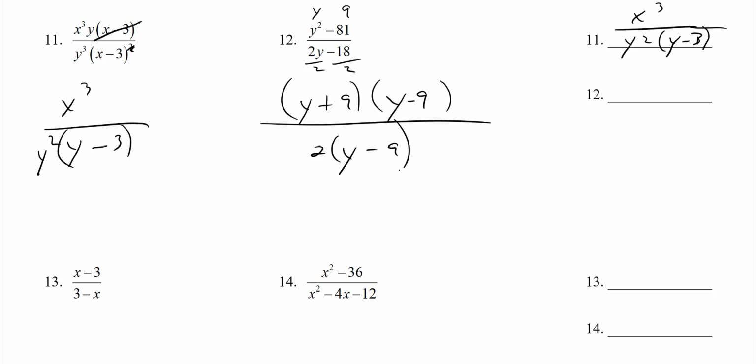Here's the deal: you can only cancel out if it has the exact same thing in the top and the bottom, like the y minus 9. So this has a y minus 9, you cancel it out. If that was on top, y plus 9, y minus 4, you could not cancel anything out. It's got to be exactly the same in order to cancel it out. So my answer to this problem is y plus 9 over 2.